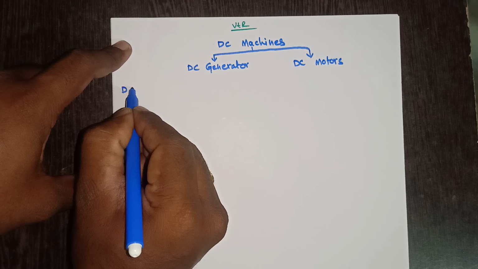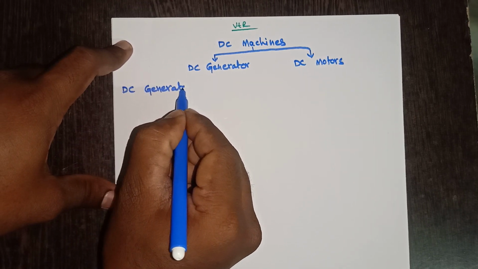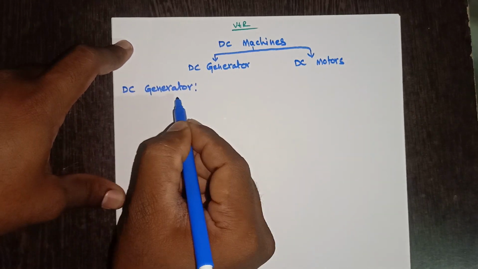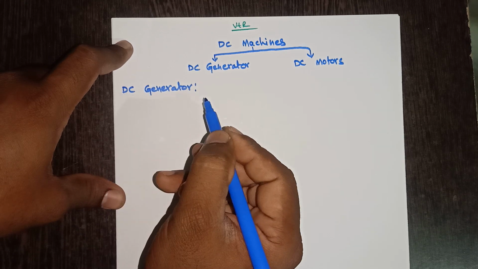Here, a generator means a machine which converts mechanical input into electrical output.